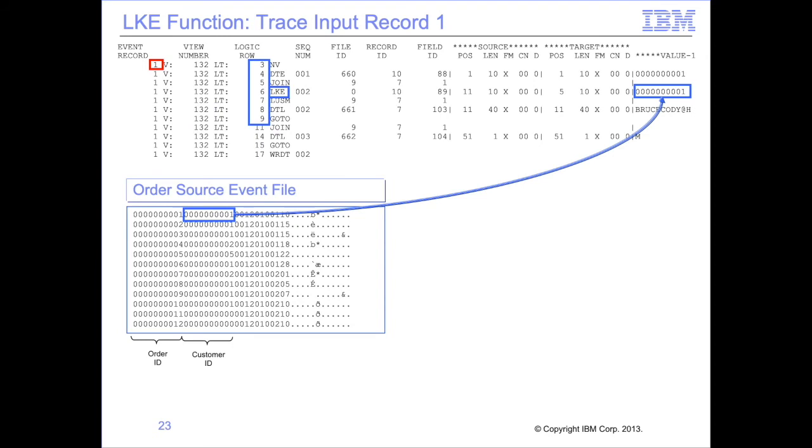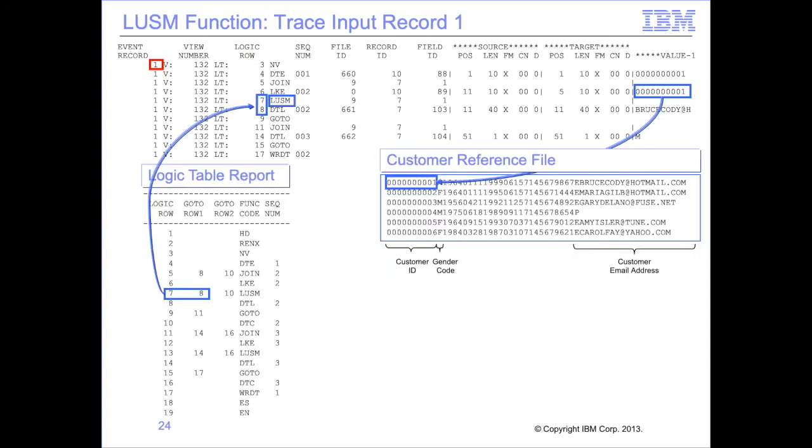Because this is the first join, the LKE function is used to build a key to search for a matching customer record. The trace shows the LKE value in the customer ID field on the order file, which is moved to the lookup key buffer prior to doing the search. The search LUSM function will search for customer ID number 1. The results of the LUSM binary search can be seen by noting the next row executed.